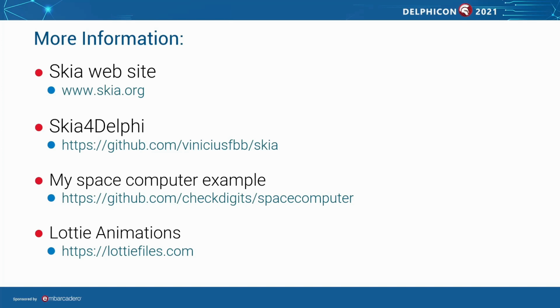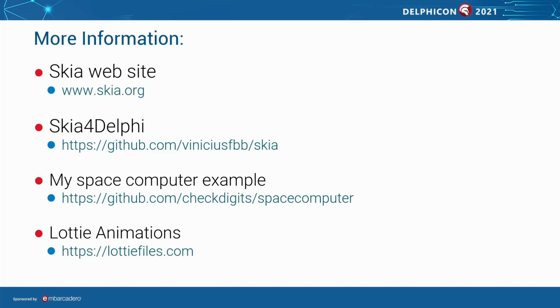Go to the main Skia website, skia.org. The Skia for Delphi components are available at the link there, Skia for Delphi. Actually, you can go to the skiafordelphi.org website. So it's a little bit of a wrong link there, but we'll correct that later.